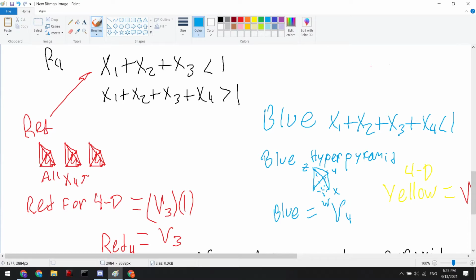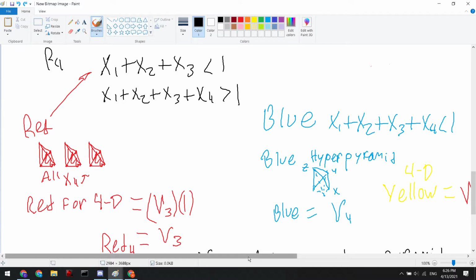Some people use w, this 4-dimensional connection between these 4 points. Now, the blue volume you could just call V4, where Vn is essentially representing our n-dimensional pyramid with points at basically 1, 0, 0, 0, and 0, 1, 0, 0, and 0, 0, 1, 0, etc., etc.